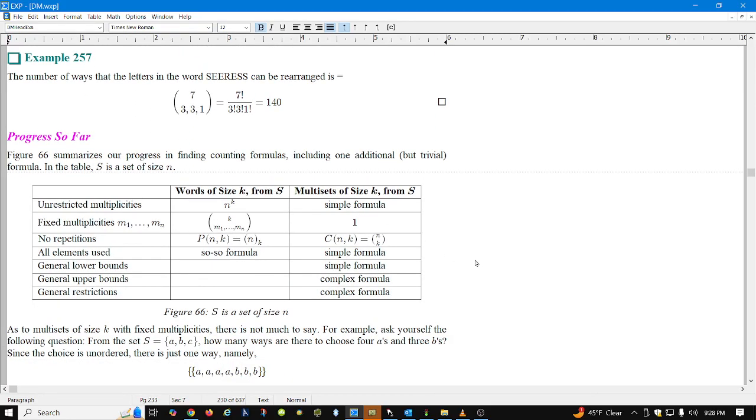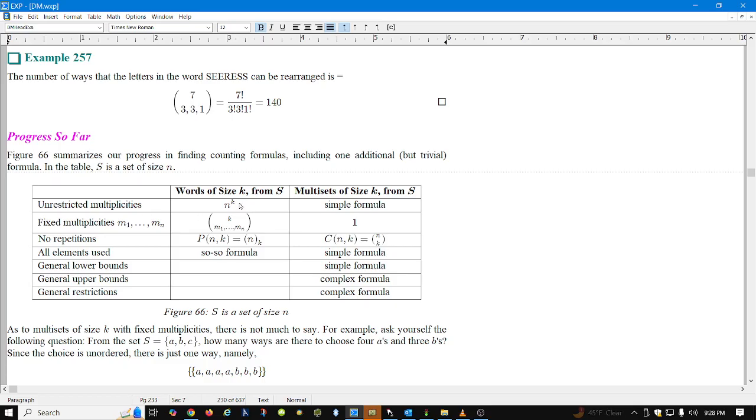Let's take a look at our progress so far in finding counting formulas. And this is shown in figure 66 here. We have dealt with words of size k. This is S, a set of size n. Words of size k with unrestricted multiplicities, and as I discussed before, that means just the natural restrictions.